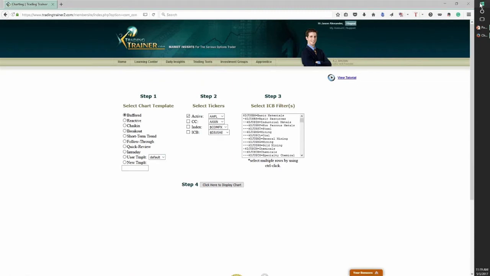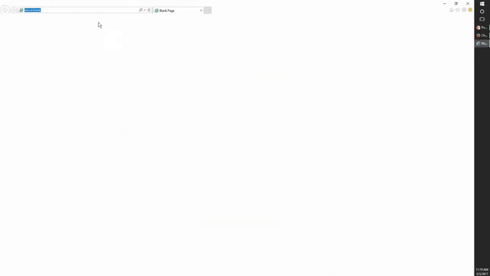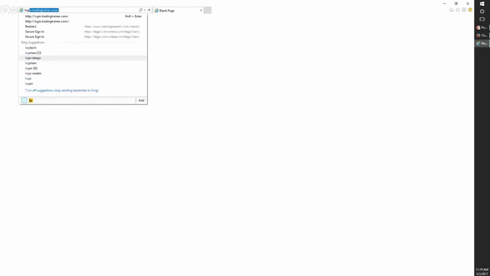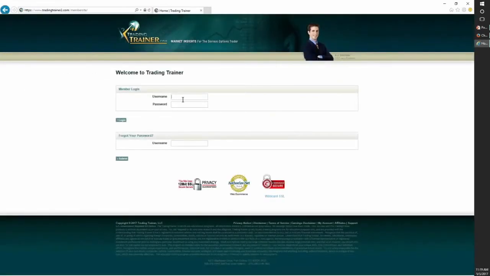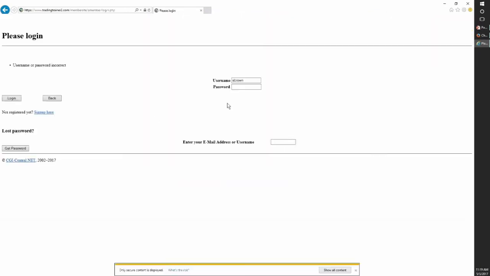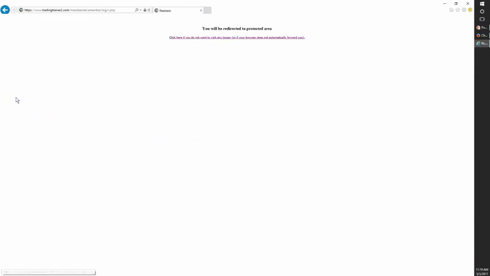I'm actually going to log in using my Internet Explorer here, assuming my fat fingers can type in my password.